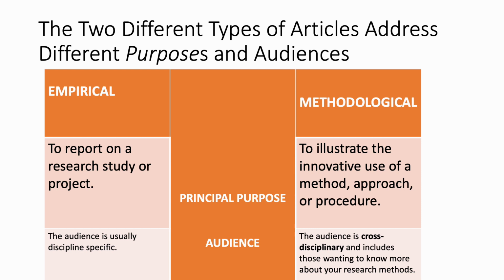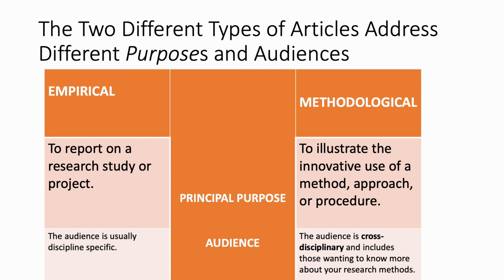The audience for those tends to be narrower than those for a methodological article, in that the audience is usually from a discipline or field or content area where people are interested in the subject of the article, the constructs considered, the theoretical frameworks used.